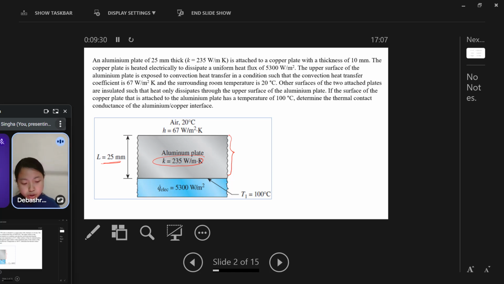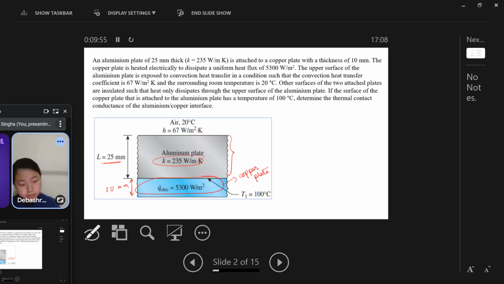This is attached to a copper plate with a thickness of 10 millimeters. So this is the copper plate actually, and 10 millimeter thickness is given for the copper.